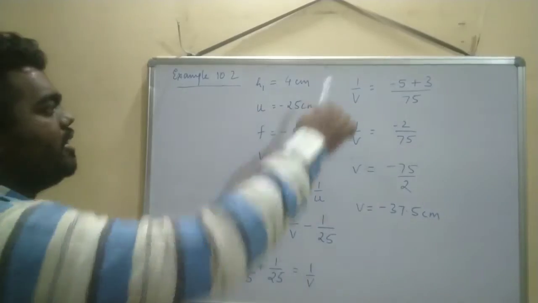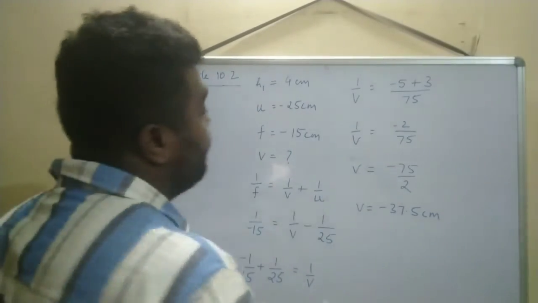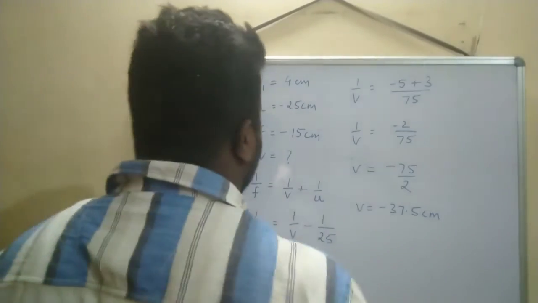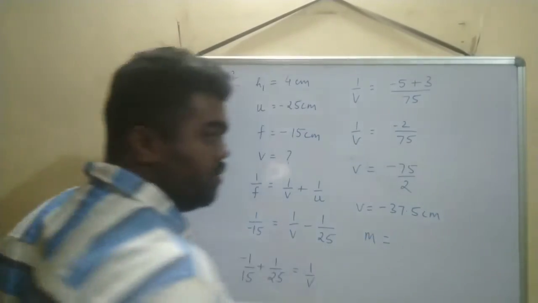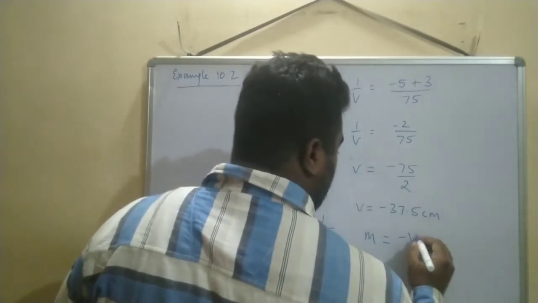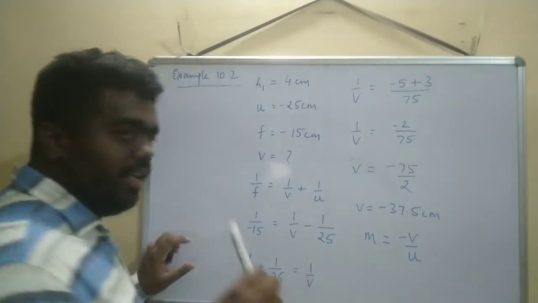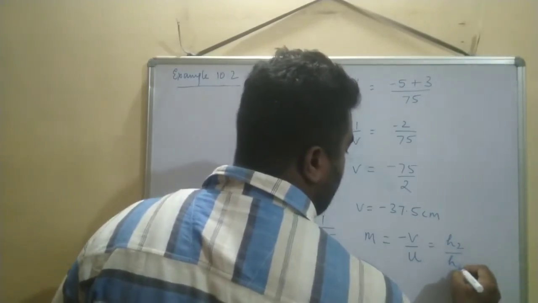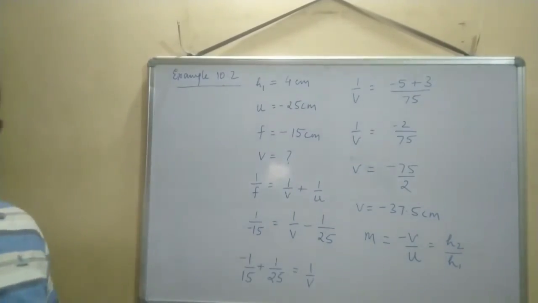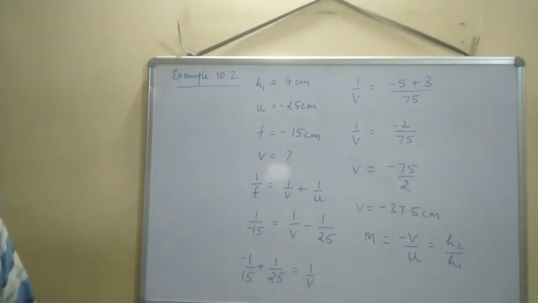The height of the object is given. So we know the formula of magnification. m is equal to minus v by u, and this is also equal to h2 by h1.